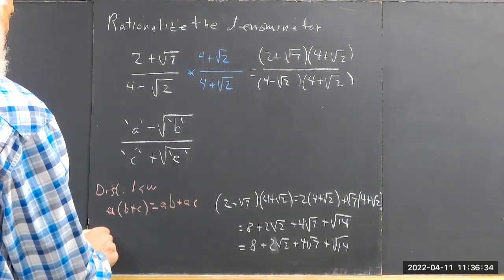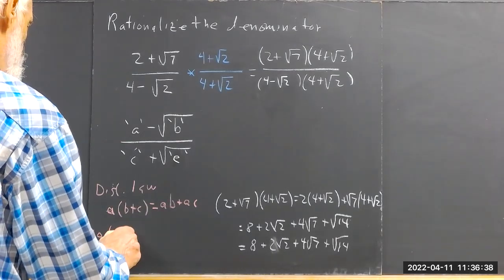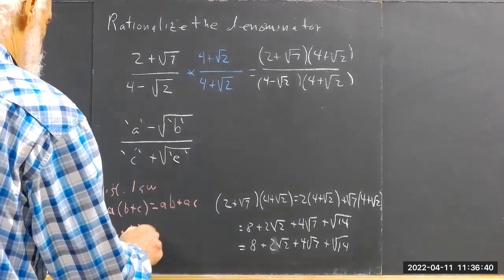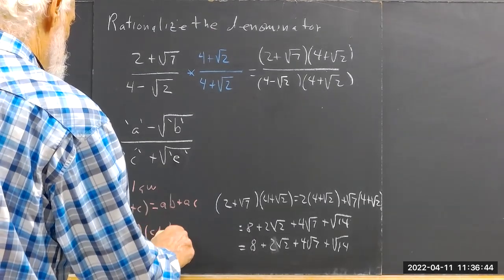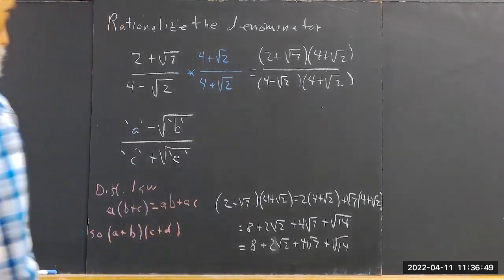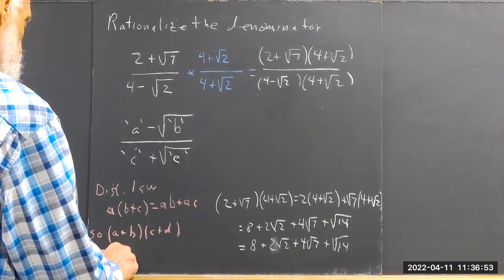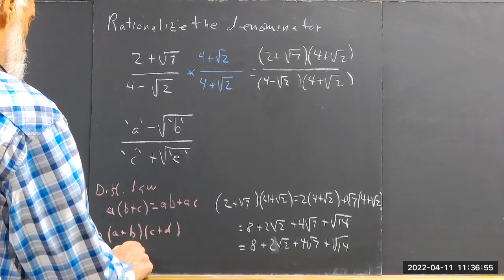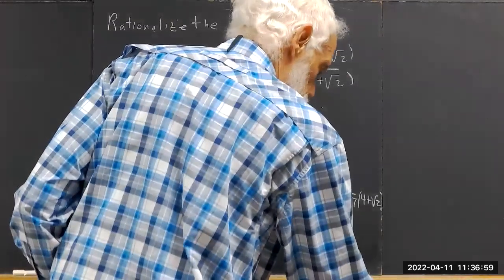It follows that A plus B times C plus D equals A. Actually, the way I wrote this, try to be careful.